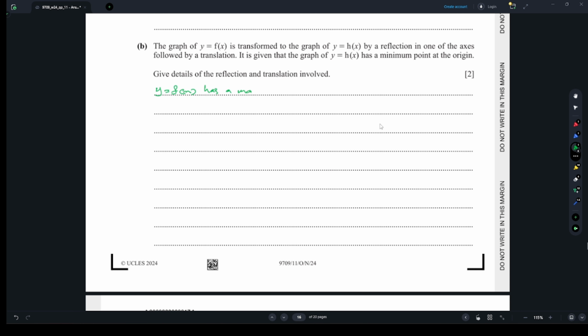Since y equals h(x) has a minimum point, the reflection of y equals f(x) in the x-axis. Okay, so we know the reflection, right?